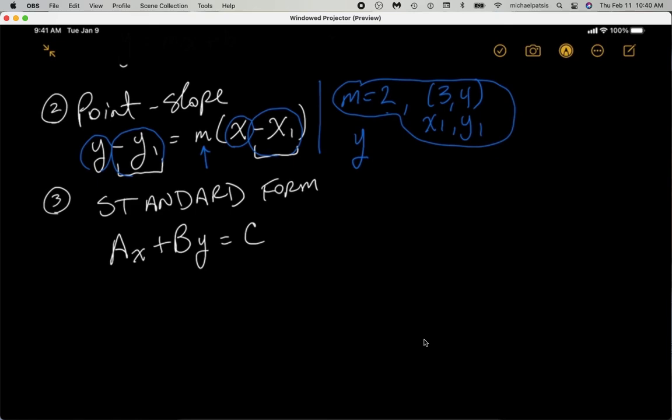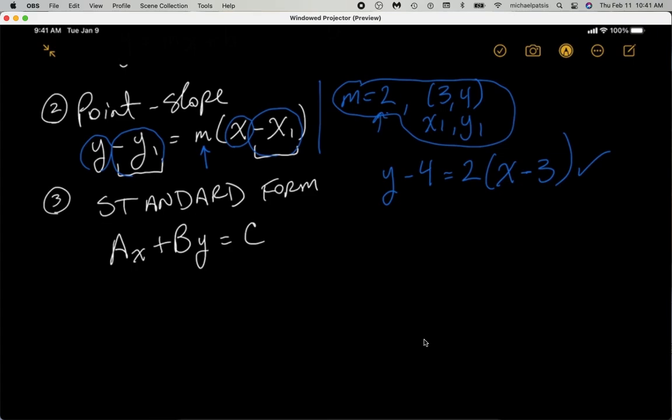And you end up with y minus y1, which is going to be 4, equals the slope, which they give you, times x minus x1, which they give you. And that's it. So this is a quick way to get the formula of the equation of the line that has a slope of 2 and contains that 1 point.